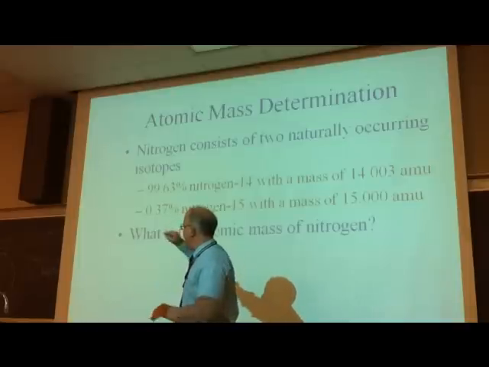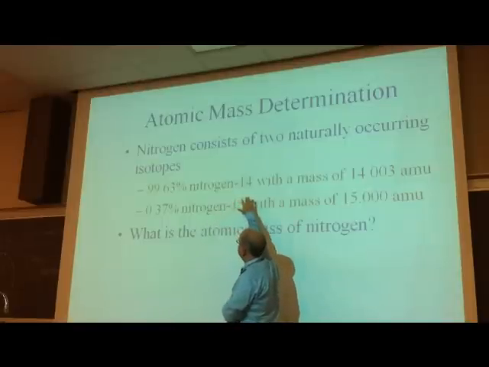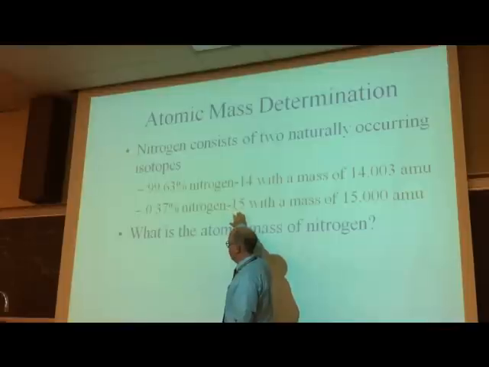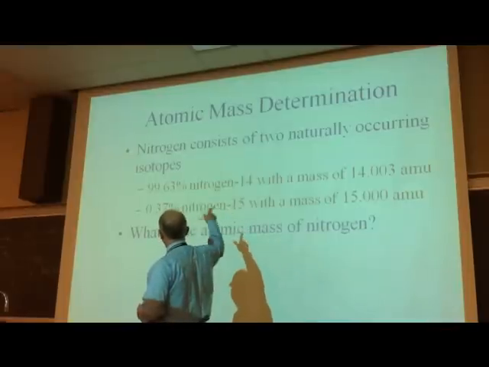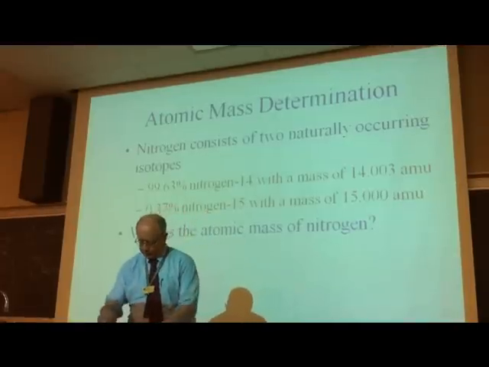Nitrogen is an example where most nitrogen is 14, but there is one or a few that have one more neutron. Therefore, the atomic mass of nitrogen is slightly more than 14.